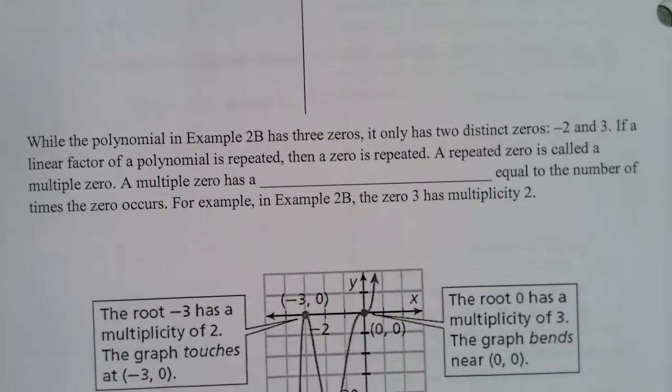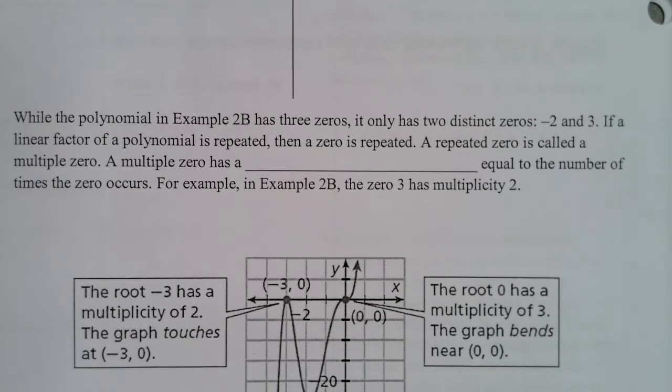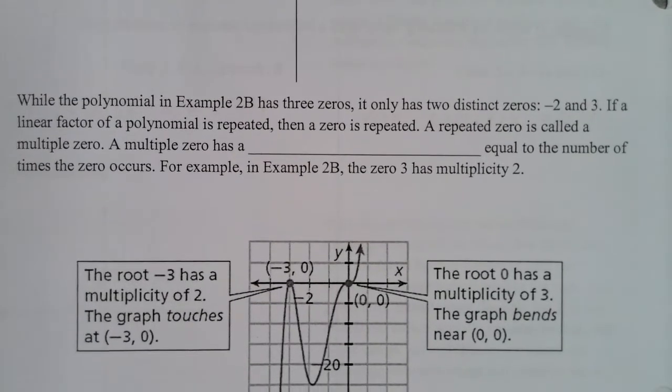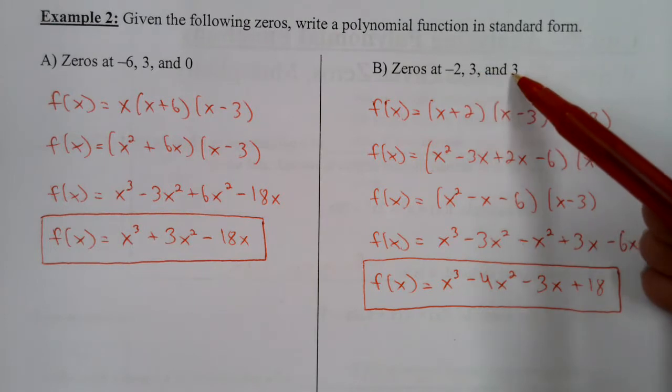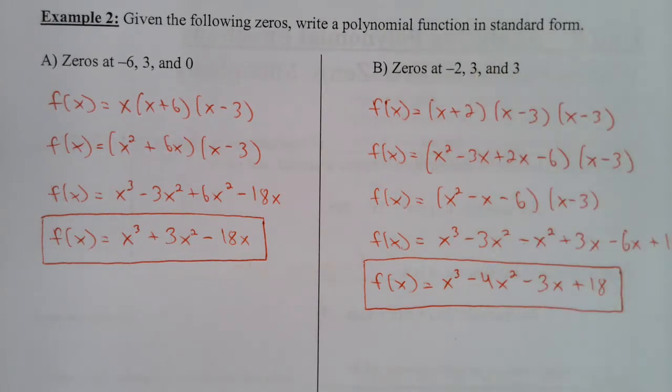It only has 2 distinct zeros, meaning it has 2 different zeros, -2 and 3, because the 0 of 3 is repeated, okay? So it has three zeros altogether, but it only has 2 distinct zeros, -2 and 3.